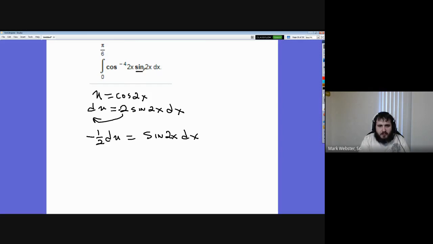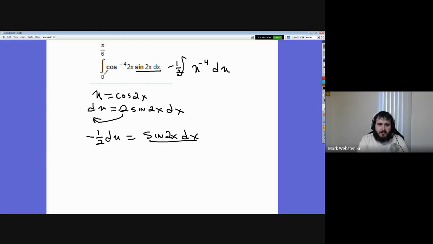And look, now this is the same as this, and I can just take this and plug it in for that. So what do I actually have? I've got u to the -4th du, and then this -1/2 comes to the outside.